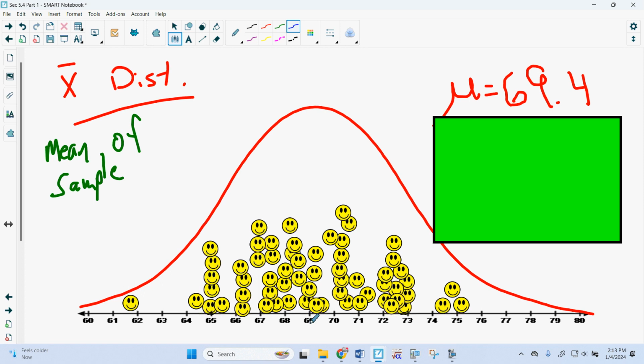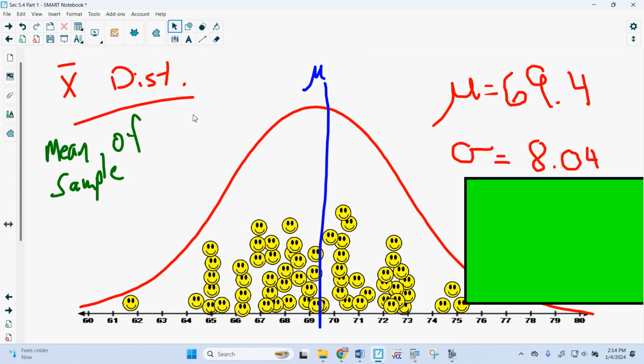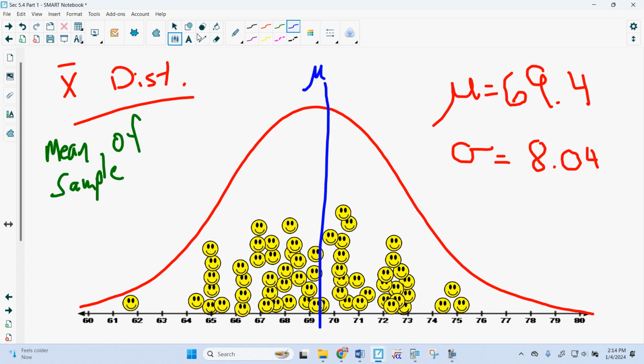So we could see, here is our mean right in the middle. Our standard deviation is about 8.04. Okay? So from this, you can see from what we talked about previously, this doesn't quite match up, because this point where that changes in the curve, that is not at 8.